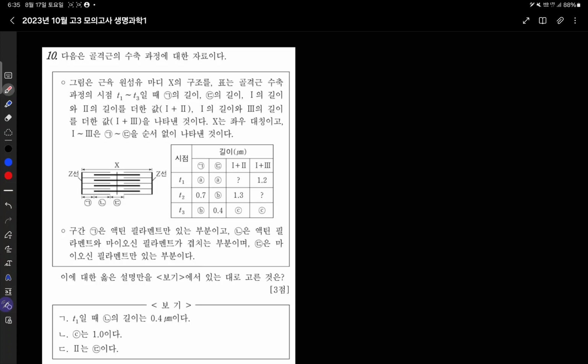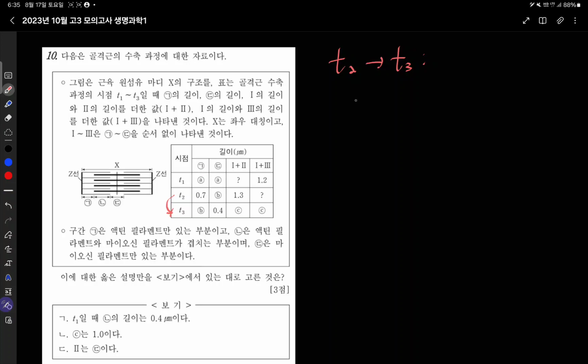So let's first assume that from T2 to T3 a muscle contracts with the amount of X. So if we contract, the length of the first part shortens.